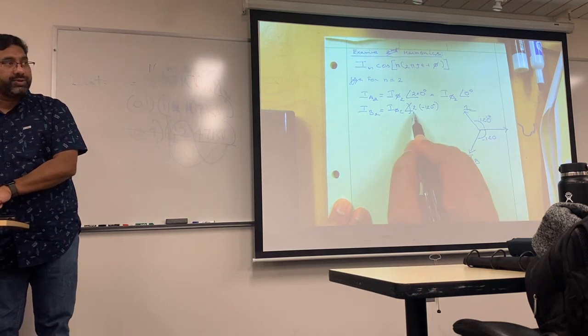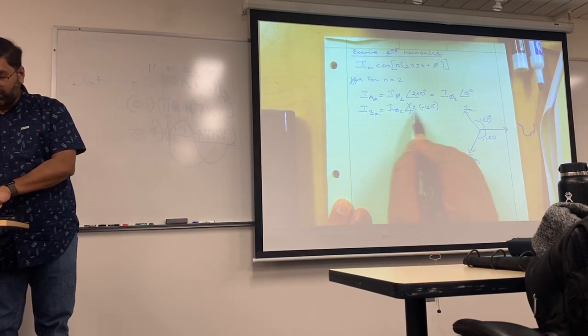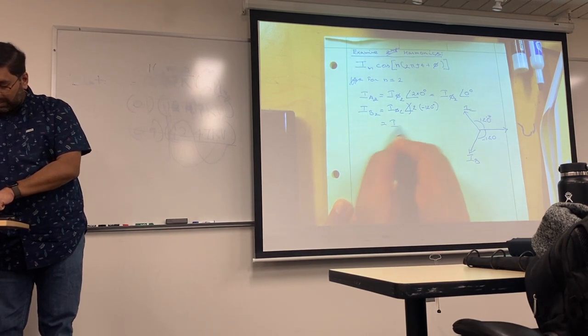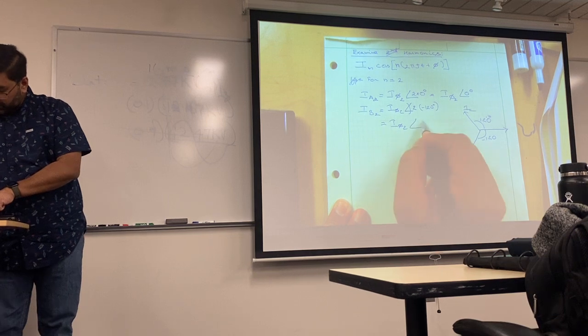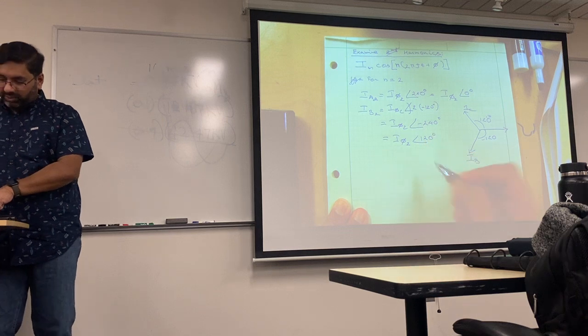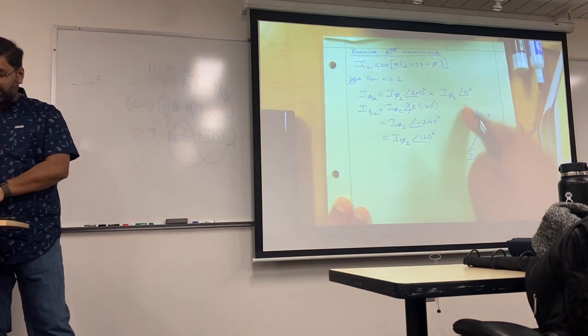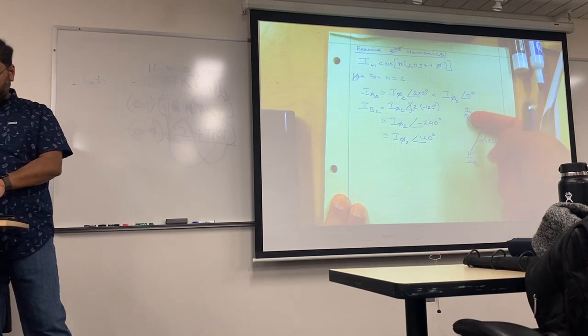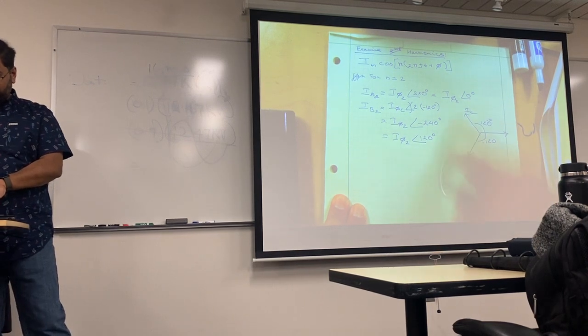Can you see that? 2 times negative 120 will lead to, by phase 2, negative 240, which is equal to what? Isn't it like positive 120? Which comes to positive 120. So it just occupies the space which I had earlier reserved for IC, but it took the place of IC. So my IB gets rotated here.